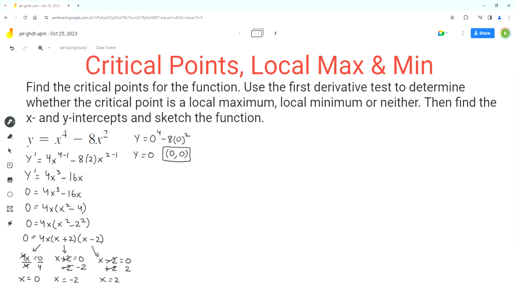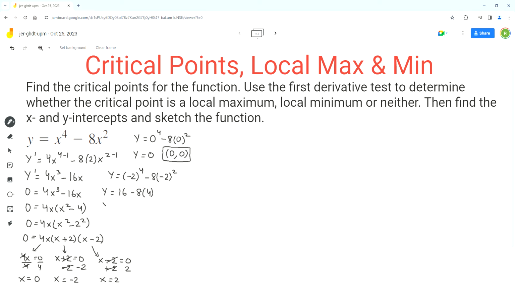Now we can use the other x value, negative 2. We'll sub in x as negative 2 in the given function: negative 2 exponent 4 minus 8 times negative 2 squared. So y equals, negative 2 exponent 4 is equal to 16, and then minus 8 times positive 4, since negative 2 squared is equal to positive 4.